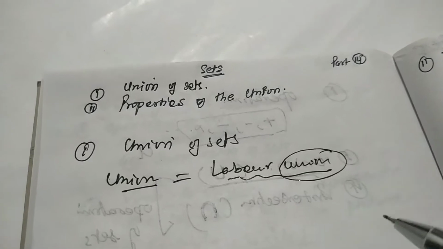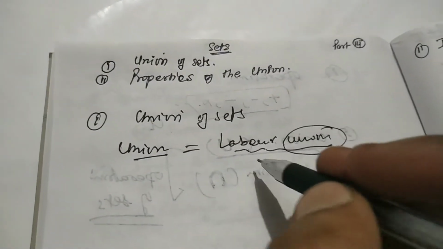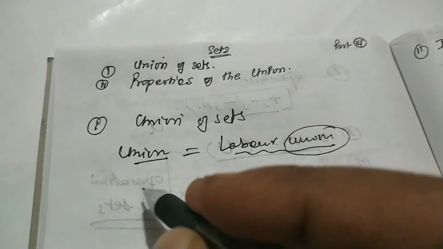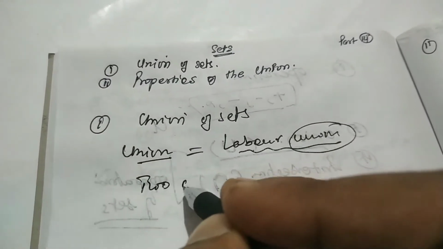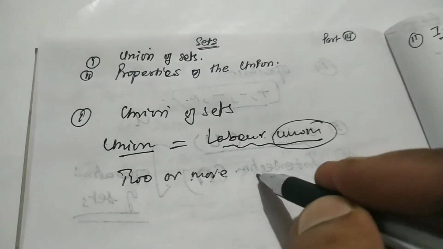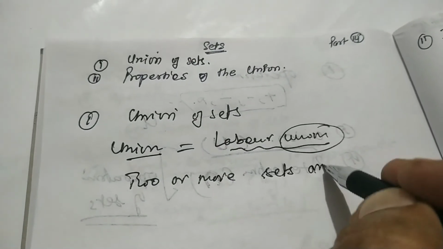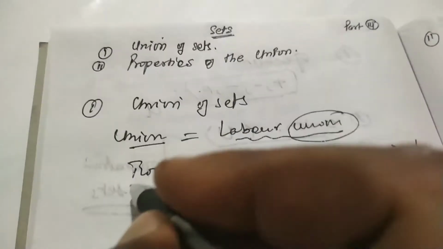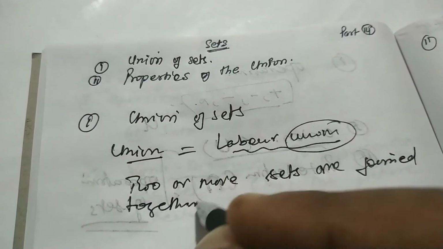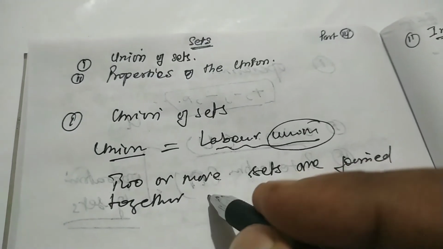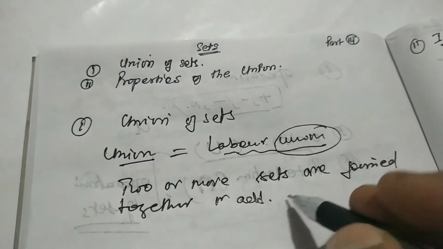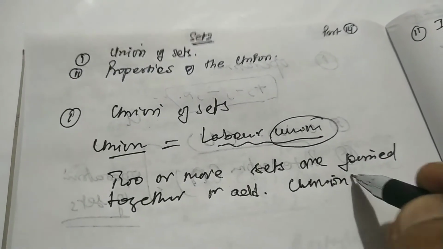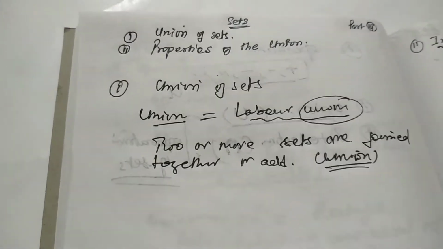In mathematics, if two or more sets are joined together, or we add them, this is called union. That is quite an easy definition.